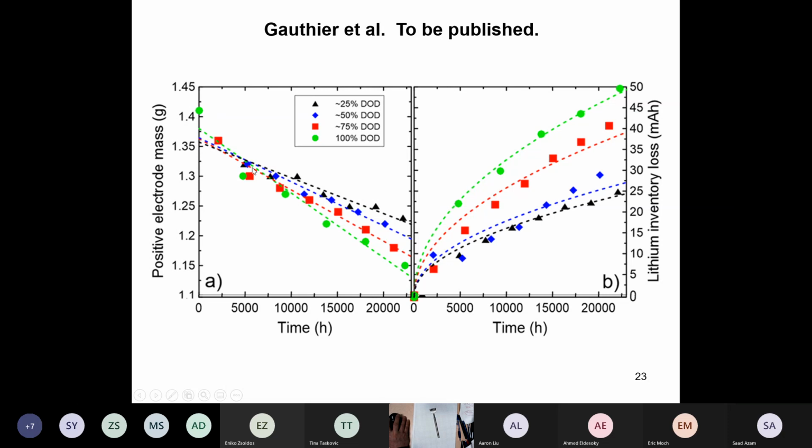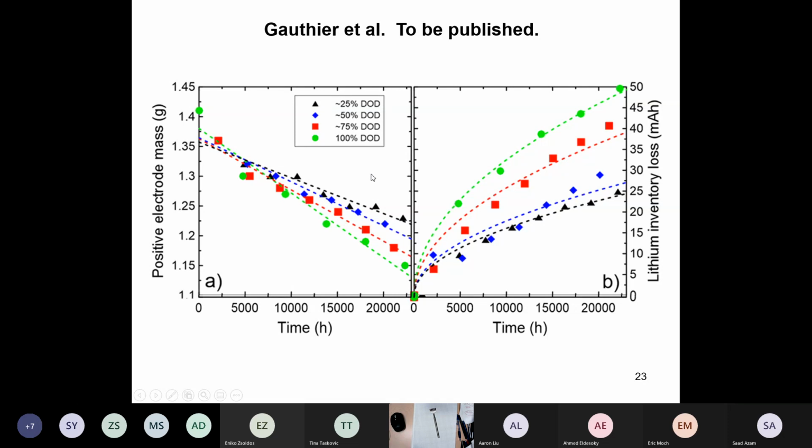And you can see that during the testing, you get positive electrode mass loss. You also get inventory loss, and all of this has been deduced from the DVDQ analysis fitting of quite a number of cells every 500 hours, every 2,000 or 3,000 hours along the way.